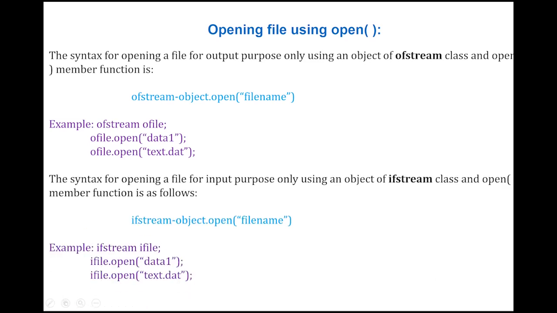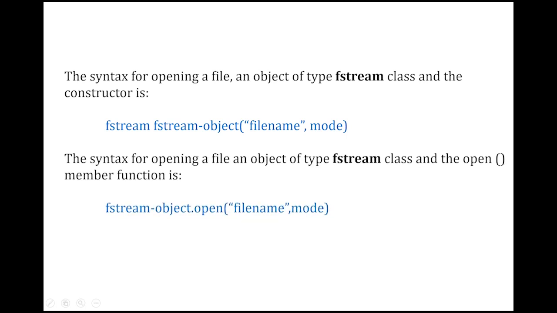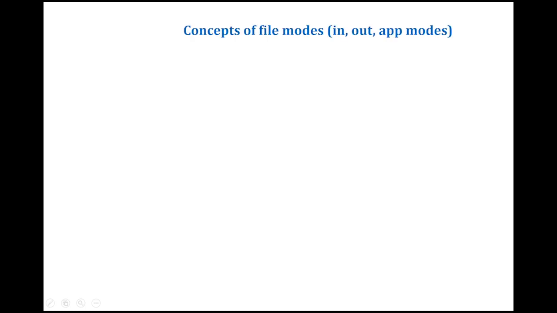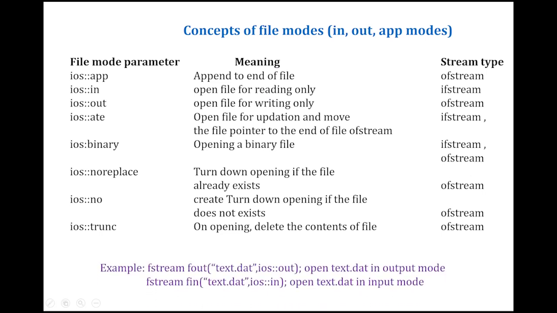Similarly, we will create an object of ifstream, and then we will use the member function open. Then if we want to open a file for both input and output purpose, then we can use the constructor method as well as the open method, but for this we will use the fstream class. And then also as a parameter apart from file name, we will use the modes, wherein these are the list of modes, right.